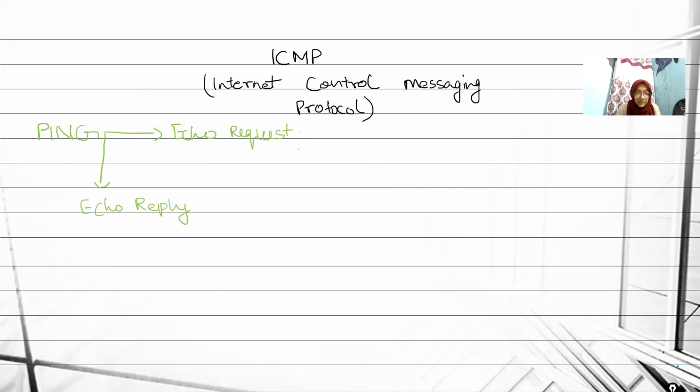And further, in echo request, we have source IP, we learn all these things today only, and destination IP. In echo reply also we have source IP and destination IP.